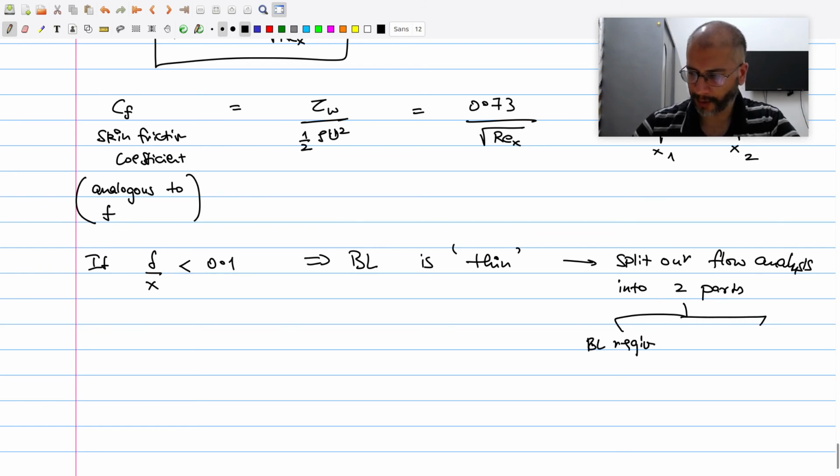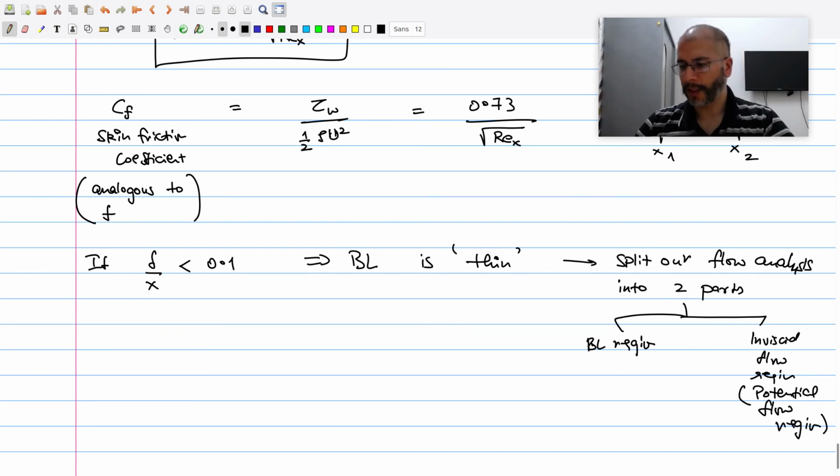The other part is called the inviscid flow region, and we also sometimes call it the potential flow region. It is the same potential flow that we talked about earlier, saying that if the flow is irrotational, then the curl of velocity is 0 and we can define a velocity potential phi.